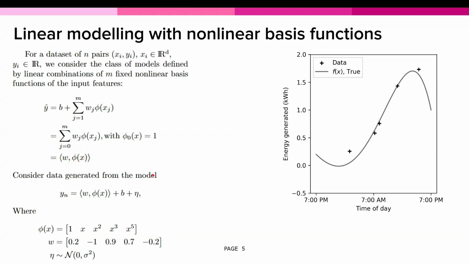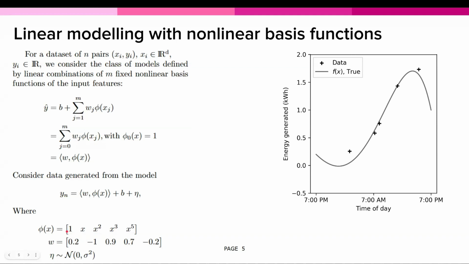In the context of our renewable energy generation scenario, that's on the right here again. We know that the energy generated is a function of the time of day, and the true process governing this energy generation was modeled as a linear combination of polynomial input features. So these are the weights, and these are our basis functions.